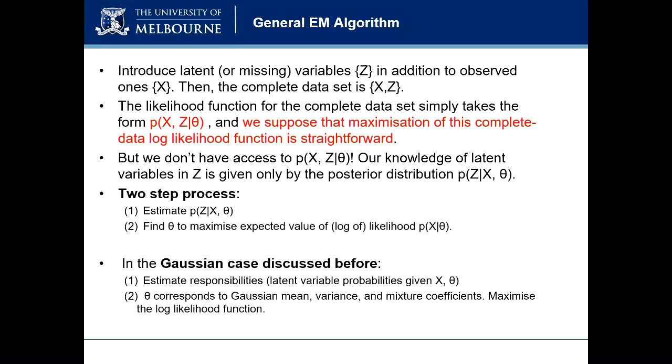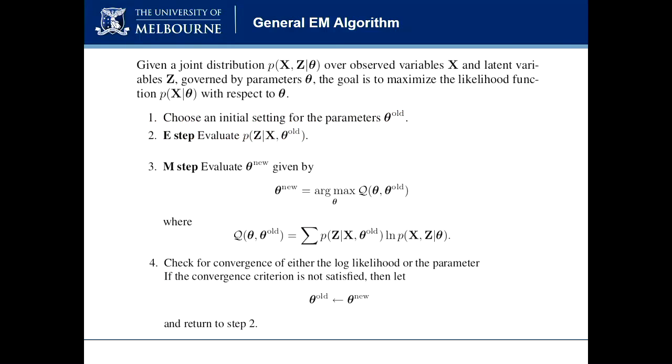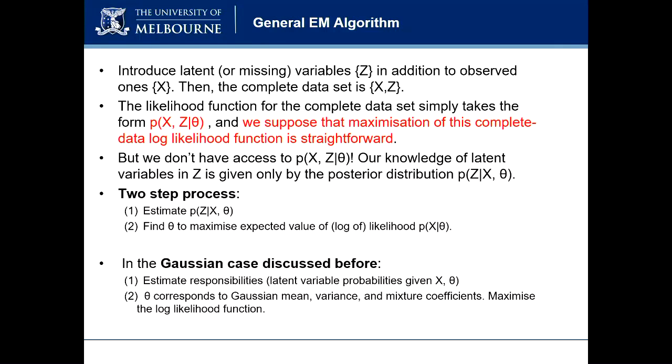It turns out though that expectation maximization is much more general than just doing this, right? So we can use it for more general problems, and here's the overview of the expectation maximization idea in general.